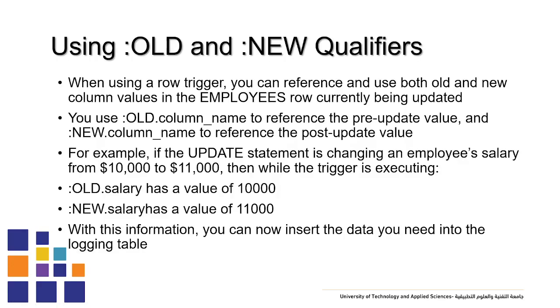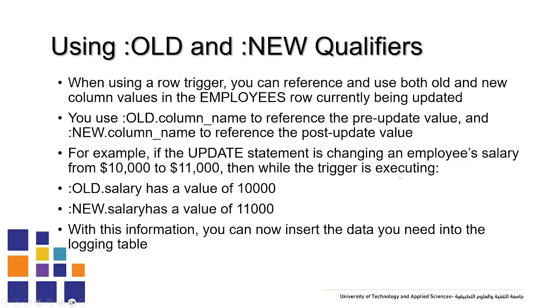We can see in the next slides that when you're using a row trigger, you can reference both the old and new column values in the employee rows currently being updated. You use old dot column name to reference the pre-updated value, and new dot column name to reference the post-updated value.